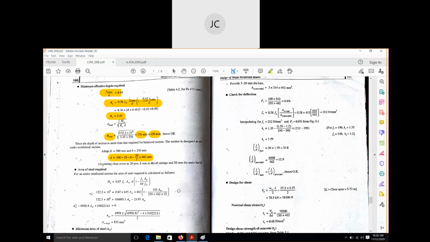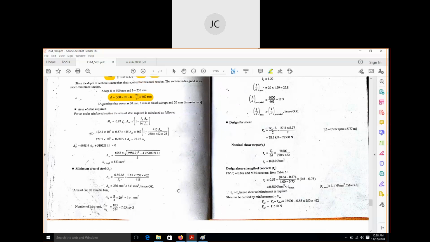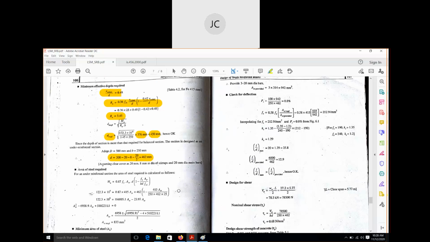And then this part, area of steel and minimum area of steel. Number of bars also, I hope all of you have understood this one.